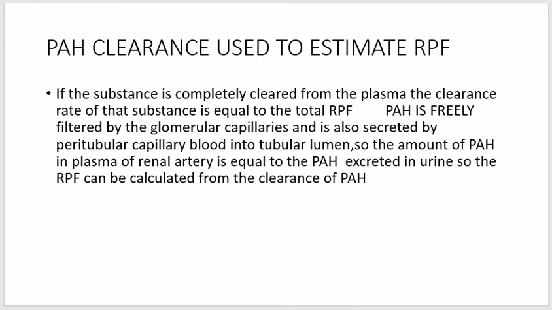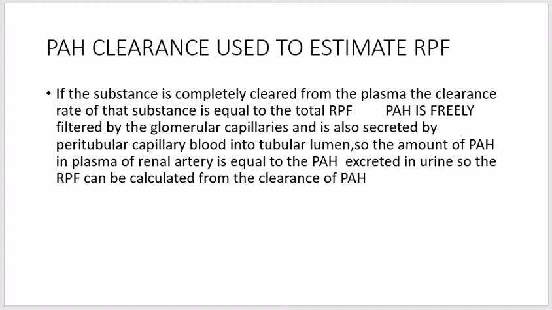So the next is the para-aminohippuric acid, or PAH, clearance. This can be used to estimate the renal plasma flow. If the substance is completely cleared from the plasma, the clearance rate of that substance is equal to the total renal plasma flow.